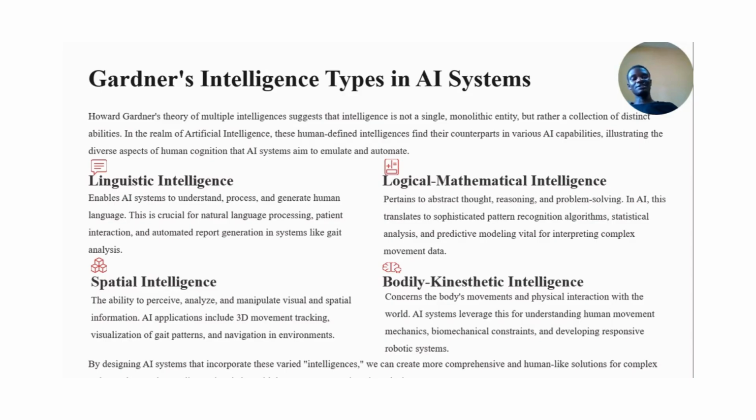So how do the Gardner intelligence types apply in this artificial intelligence system? Well, just like I said long time ago, linguistic intelligence enables our system to analyze what to give to health personnel in the form of natural language generation.